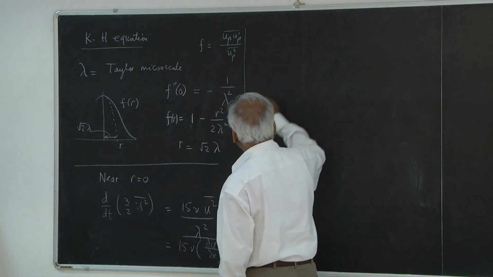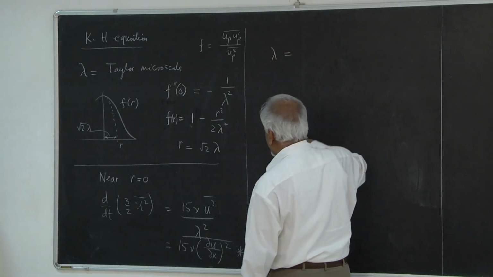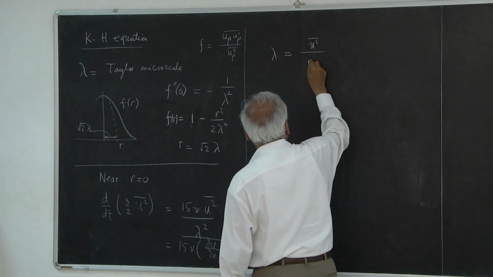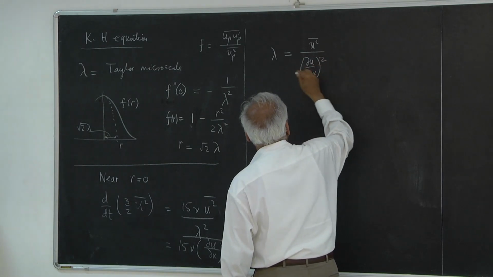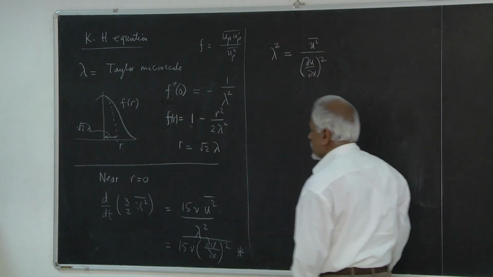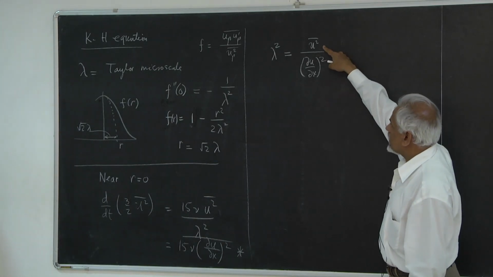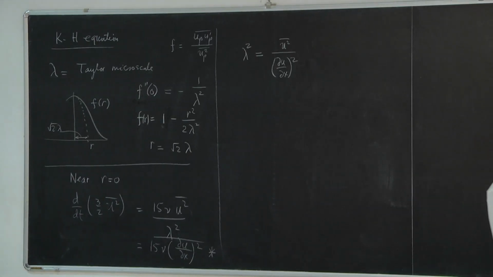So lambda, therefore, has the definition also u squared over du dx squared. That's the definition. This is an easier thing to do. You measure the mean square velocity, take the gradient squared, and average it, and you have the relation.